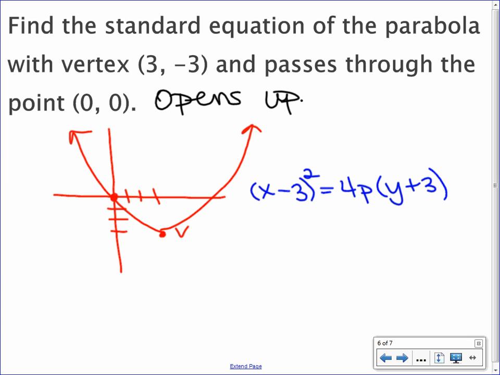What do you say? We have a point on our graph. We have an x and y, and we know that any points on our parabola should satisfy our equation. So what we can do, per Davis' suggestion, is plug in our point so we can solve for p.